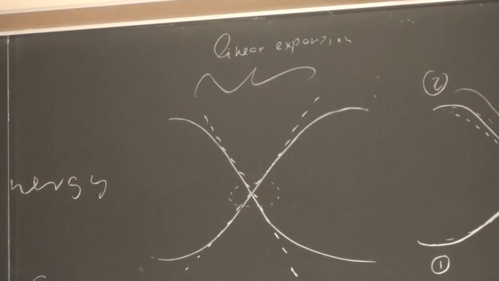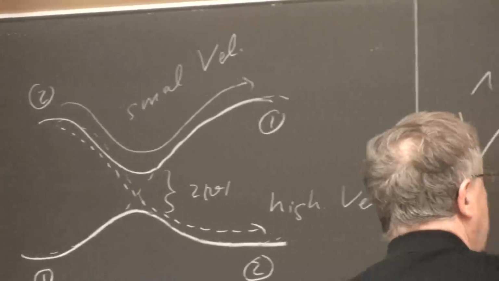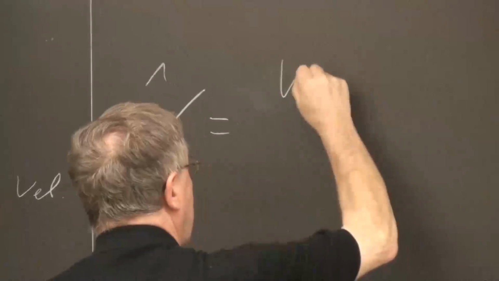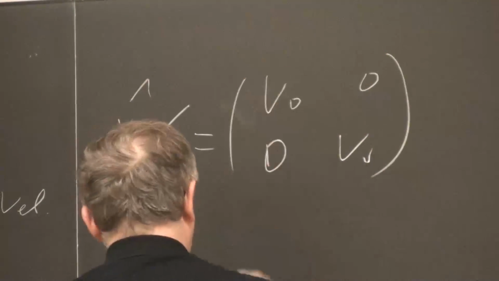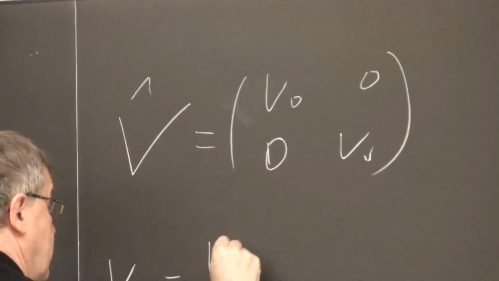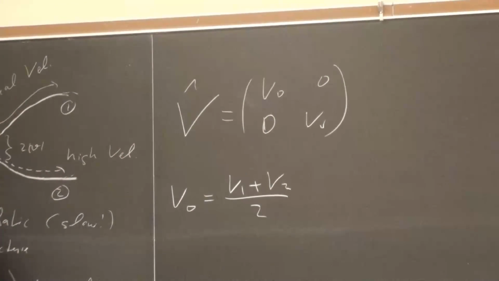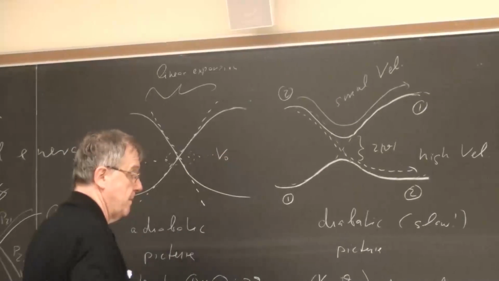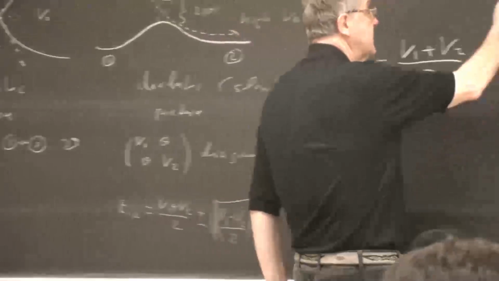We have a Hamiltonian operator, which just gives energy, which is V1 plus, so I call it V0, and the V0 is just V1 plus V2 over 2. So this is just this constant value here, at this value.